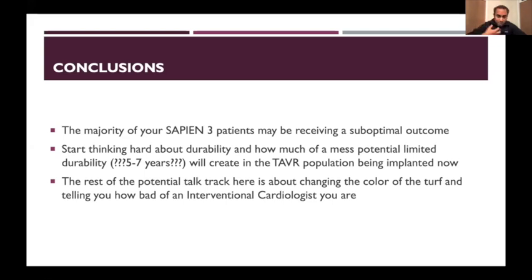So in my patient population, a 23 millimeter SAPIEN 3 is looked at as the last potential choice in a low-risk patient. And obviously, if the surgeon can do a root enlargement and put in a larger surgical valve, we would prefer that over needing to put in a 23 millimeter SAPIEN 3.